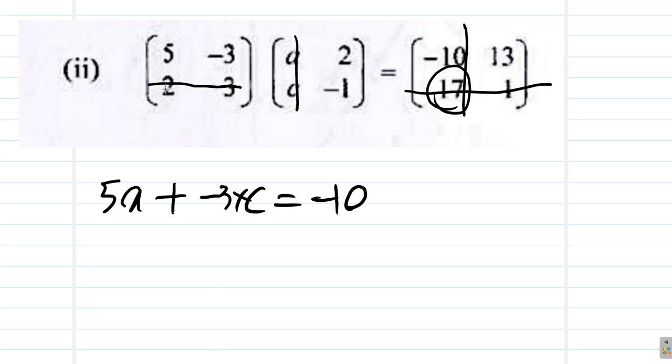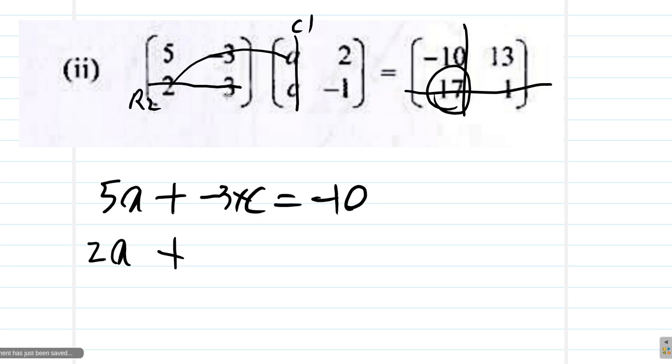First element in row 2 by first element in column 1 is 2a, plus second by second, remember it's first by first plus second by second.